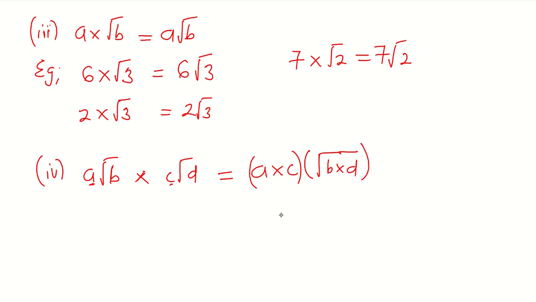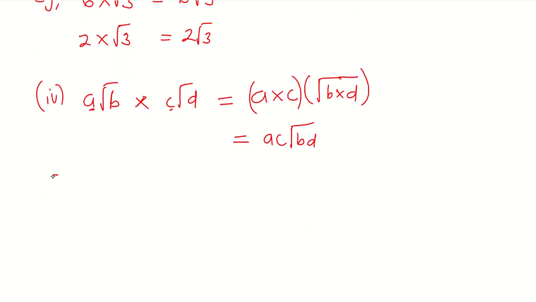So this is what we have. So now we can simplify our answer as equal to AC square root of BD, and it's basically the same. So that is the fourth type. So we can take an example, and if you have 2 square root of 3 multiplied by 4 square root of 5, then our solution is going to be, you multiply the coefficient, that's the rational part.